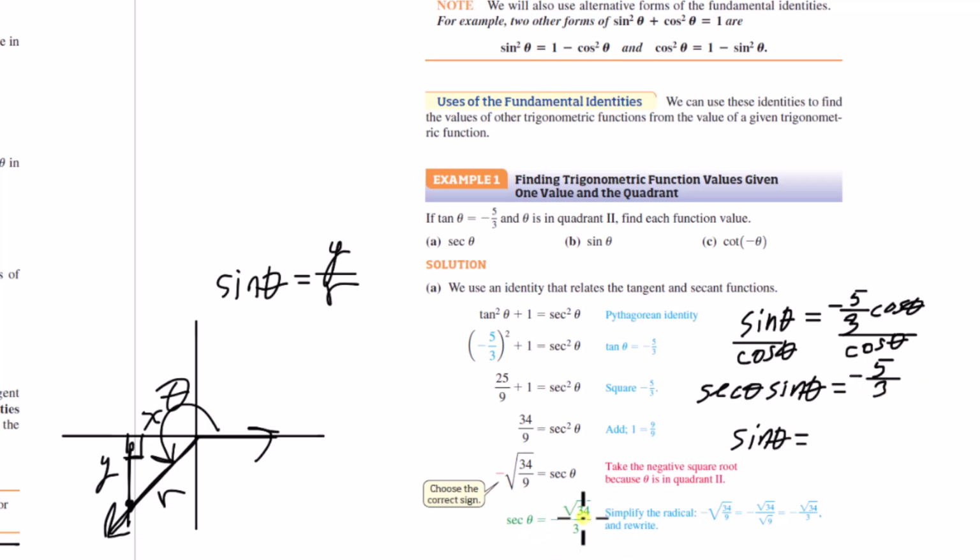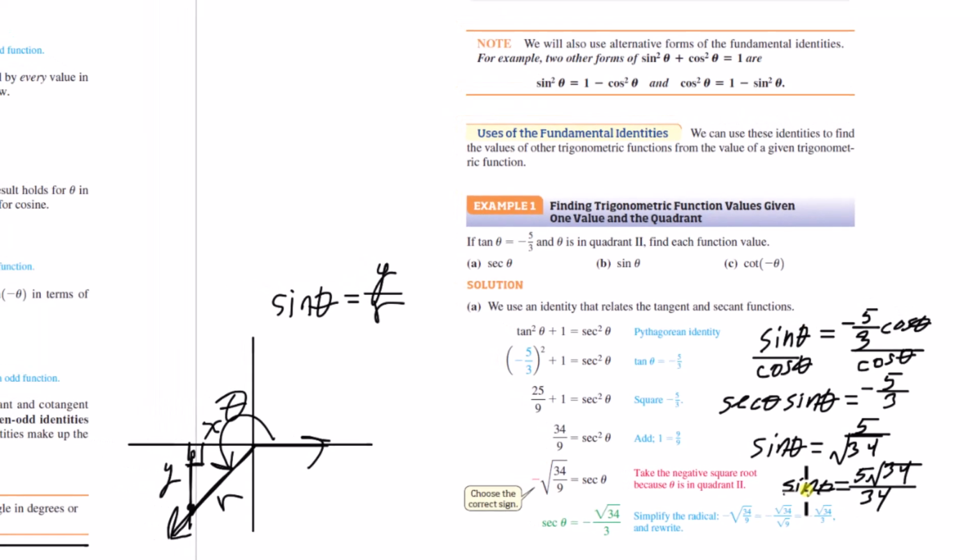So that's going to be, let's see, the minuses will go away, and you've got minus 5/3 times minus 3 over root 34. So 5 over root 34, which is 5 root 34 over 34.